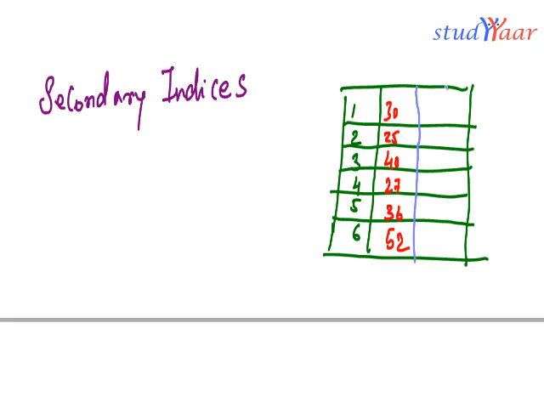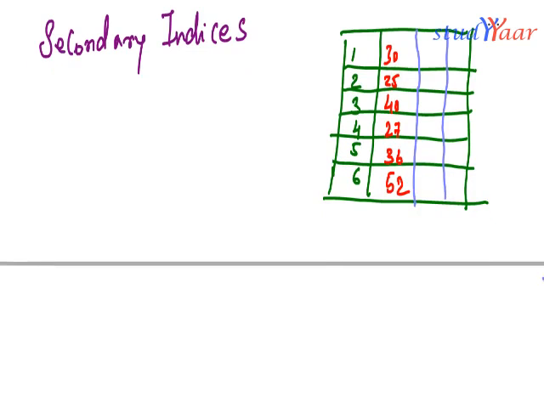Currently I don't much care about those. Okay, so I already told you when I create an index on the basis of an attribute which is used to sequentially arrange the records, that index is called as primary index.